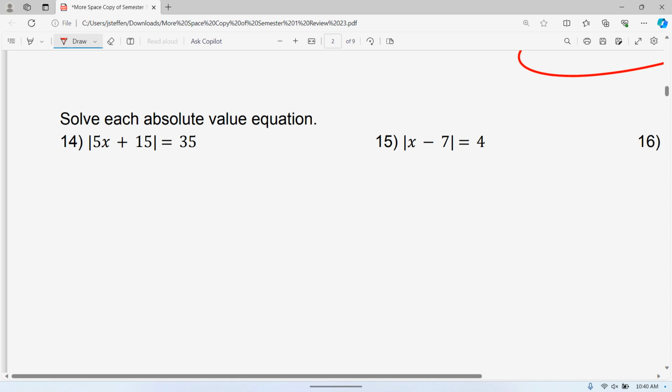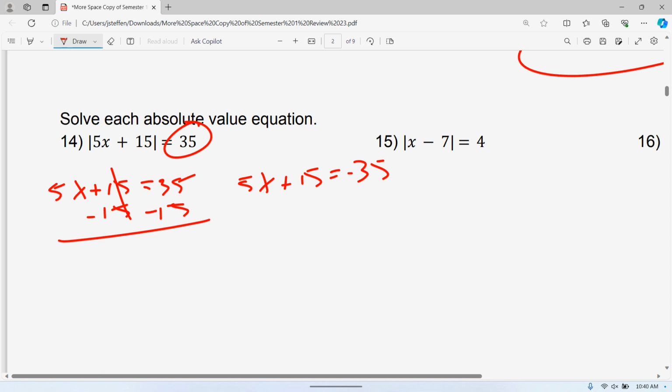With this one, remember they always give you two solutions. So once the absolute value is all by itself, then we put this as a positive and negative. Okay, so I have a positive answer and a negative answer, and then we just solve both of these.